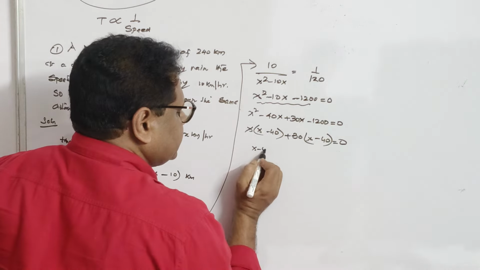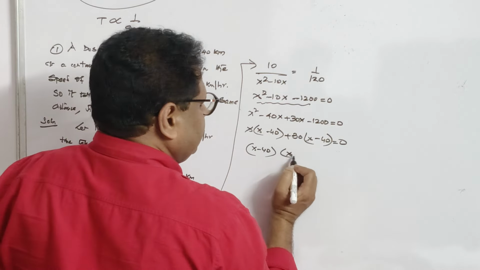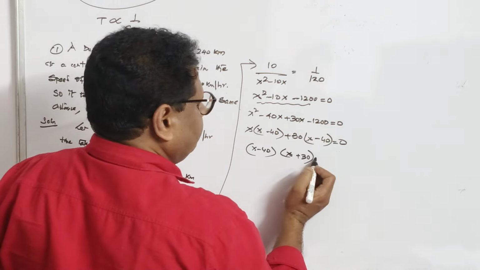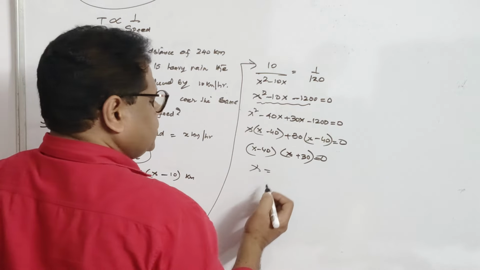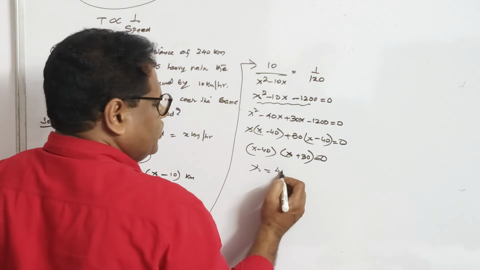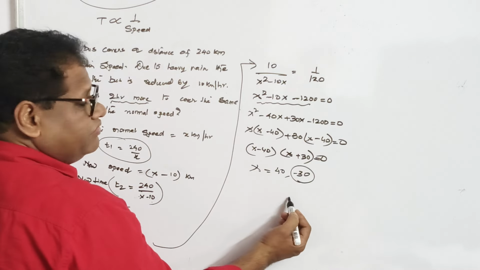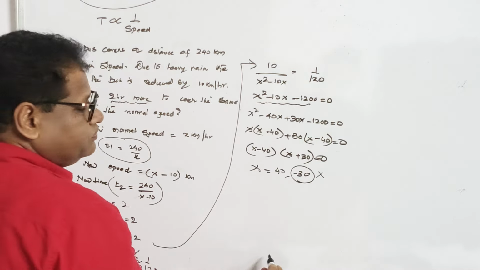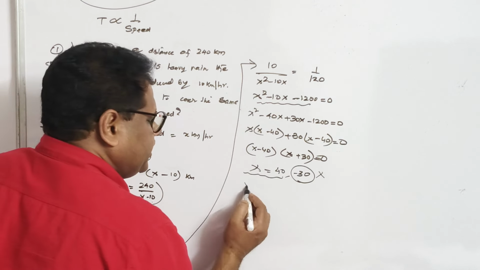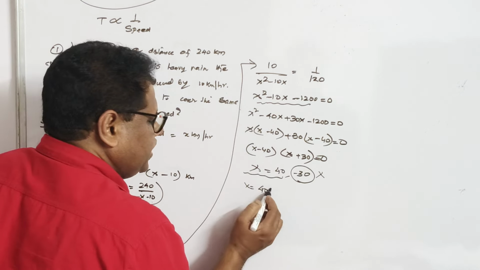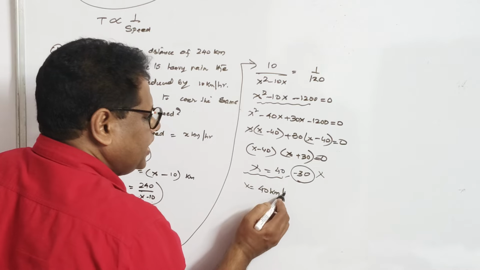So the factors are x minus 40, x plus 30 equal to 0. That brings the solution set x equals 40 or minus 30. Since the speed can't be negative, this is inadmissible. So we are taking the normal speed x equals 40 km per hour.